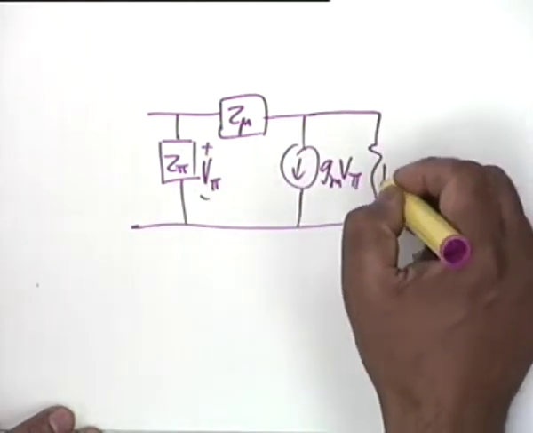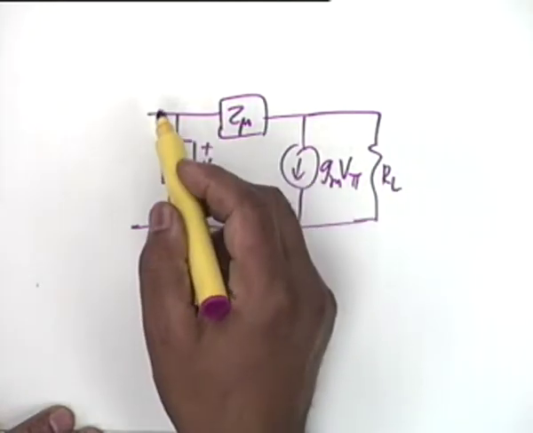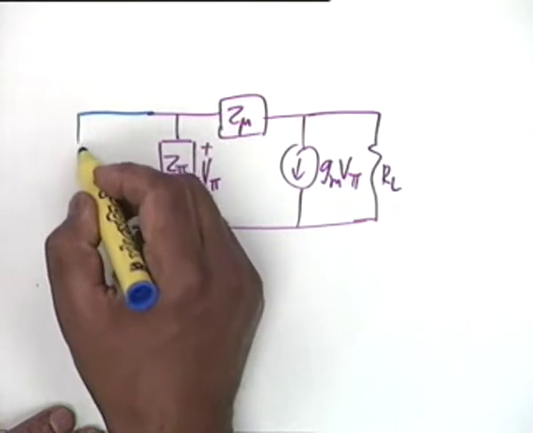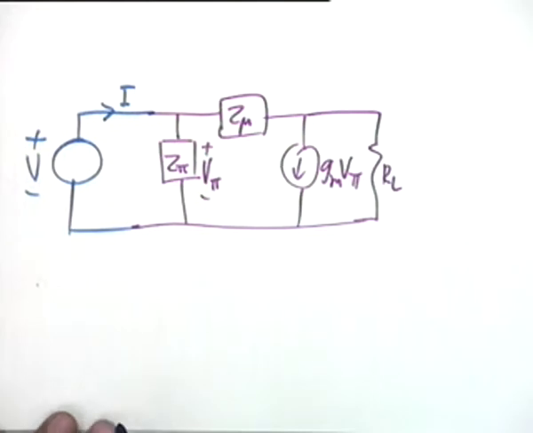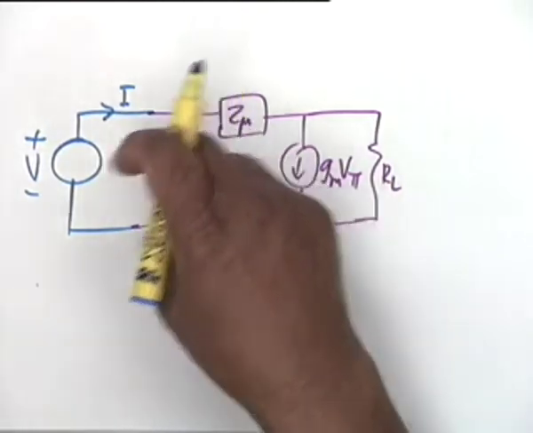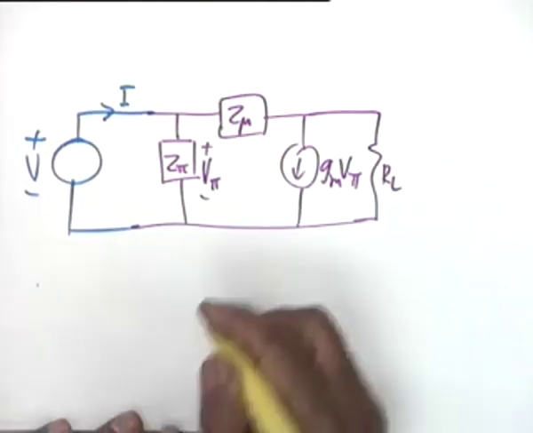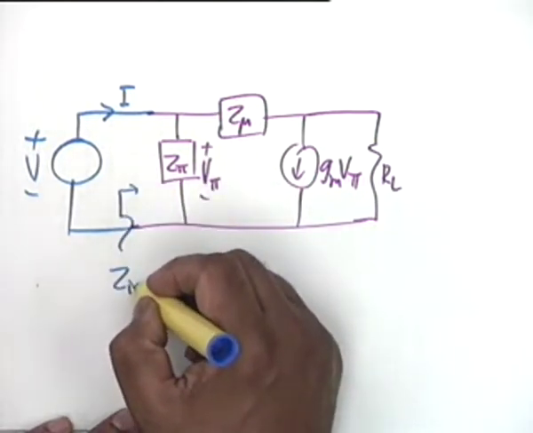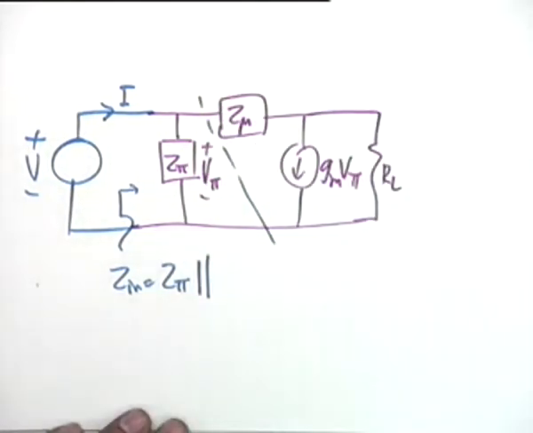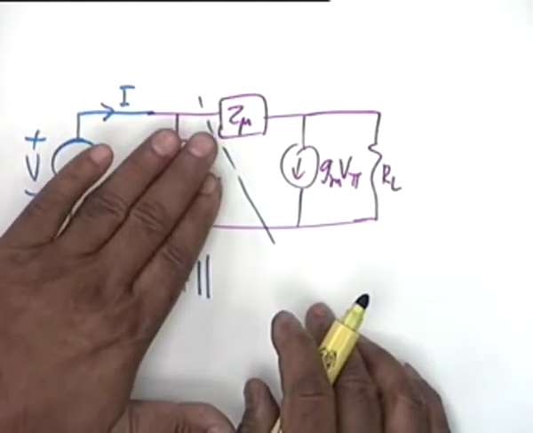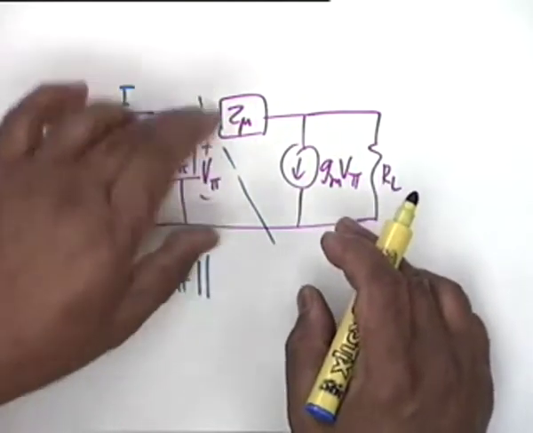Now RL shall be there, and at the input you have to connect a voltage source V and find out the current I. In such calculations, I have already pointed this out earlier, that if there is an impedance in parallel with the voltage source, obviously the input impedance Z in shall be equal to Z pi parallel whatever impedance you face here. So, you can take this out of consideration first. First find out what is the impedance here.